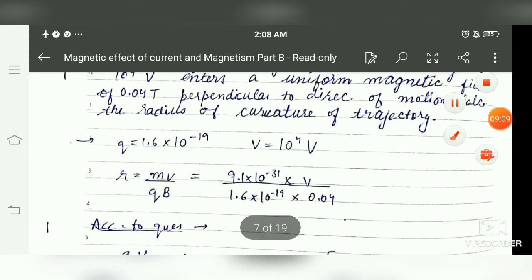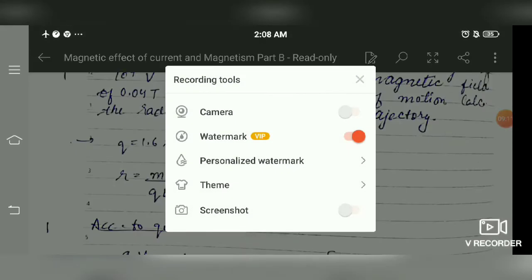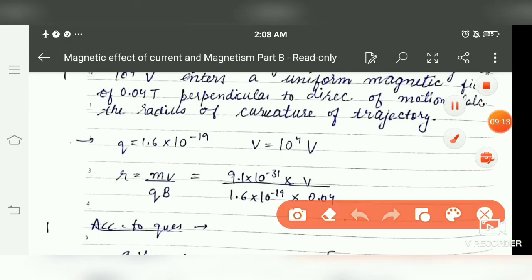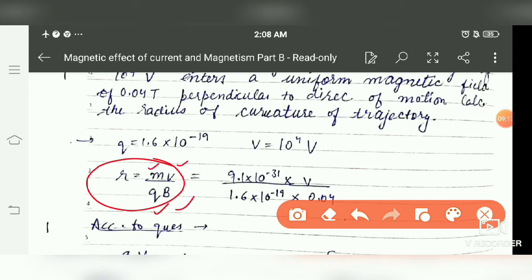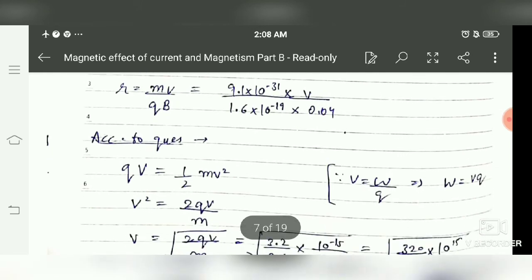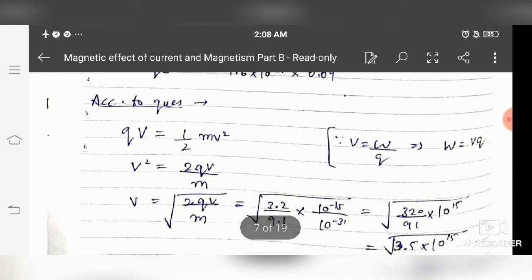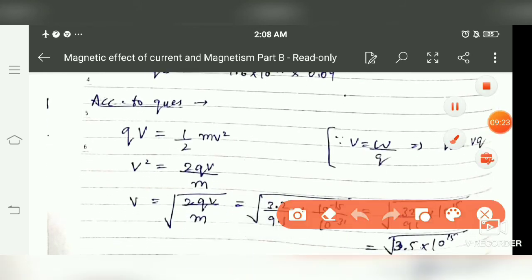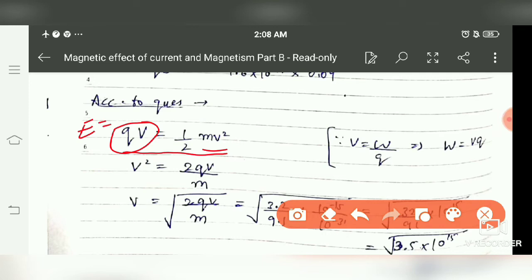We know the radius formula is this. By substituting the values of mass, velocity and qB, we get this term. Now according to the question, we know that qV is equal to half mv square. This is energy equal to kinetic energy half mv square, where energy is equal to work done, that is equal to charge into potential.